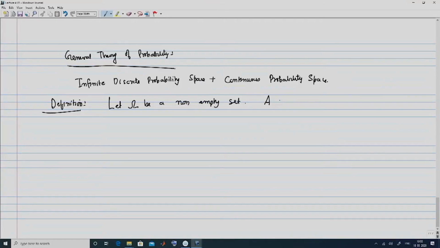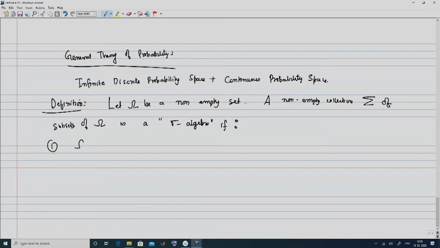So, accordingly we can write that a non-empty collection, which is denoted by sigma, and this is the collection of subsets of the sample space omega, is a sigma algebra if it satisfies the following properties.